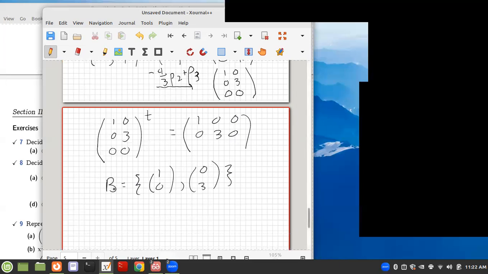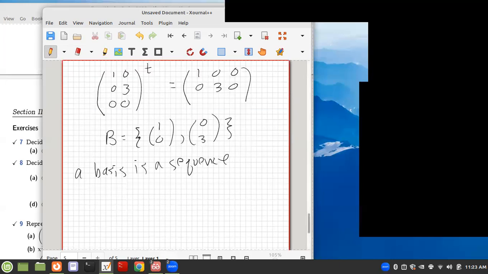Now, just one thing: a basis is a sequence. I've been talking about a set. We do need to find a linearly independent set, but a basis is a sequence. So there are two actual bases we can get for this.